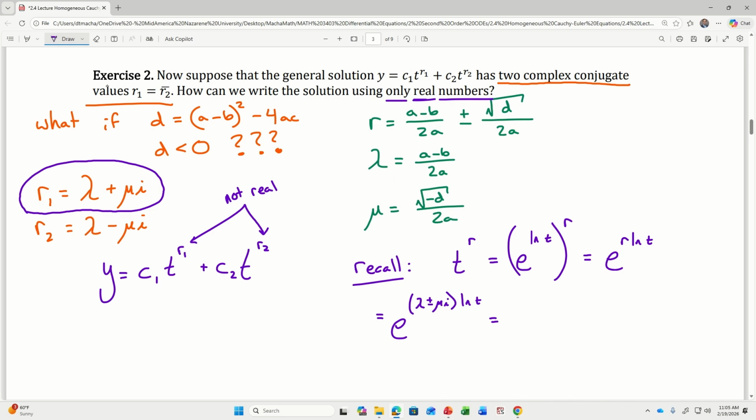And I can distribute the natural log of t and then use another property of exponents to rewrite this as e raised to the power of lambda times natural log of t times e raised to the power mu times i times natural log of t.